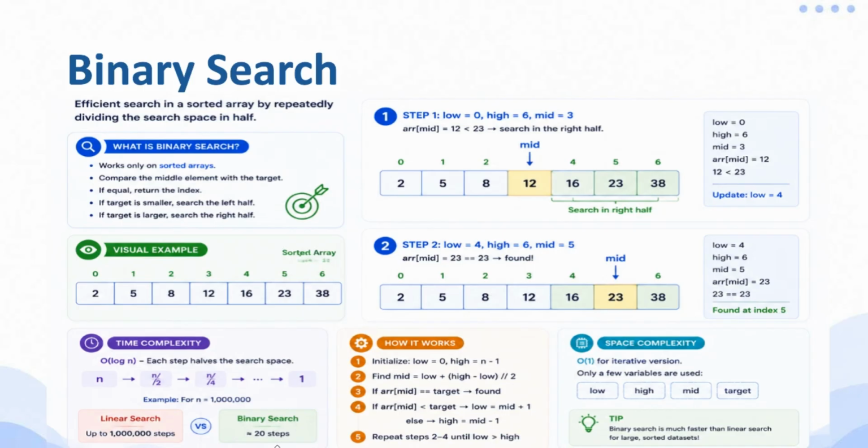So this saves much time. And also space complexity becomes O(1) for the iterative version.